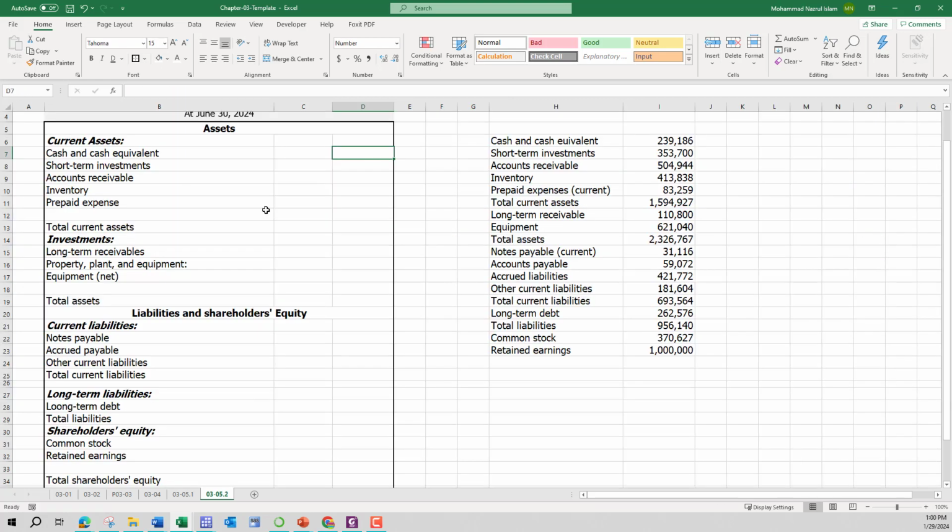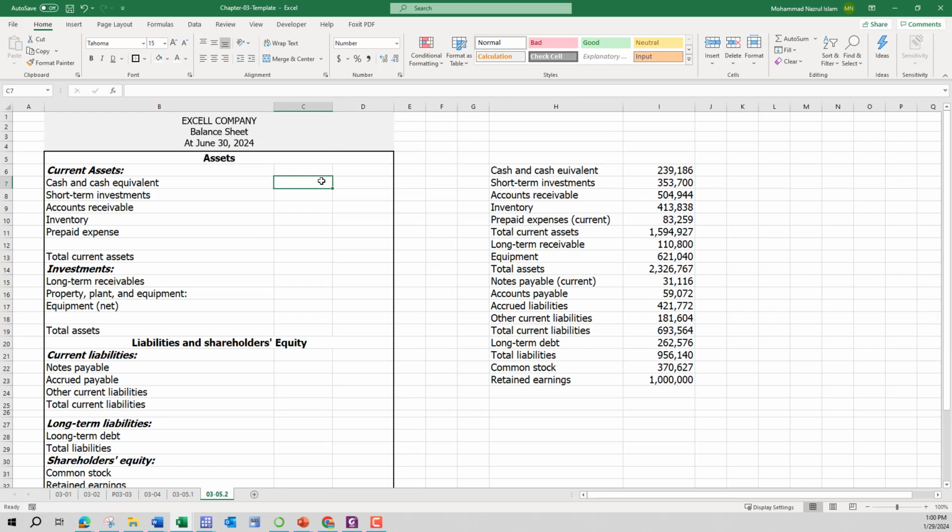Now let's go prepare the balance sheet. Cash and cash equivalents, which is equal to this. Then short-term investments, then accounts receivable, then inventory, and finally prepaid expenses.